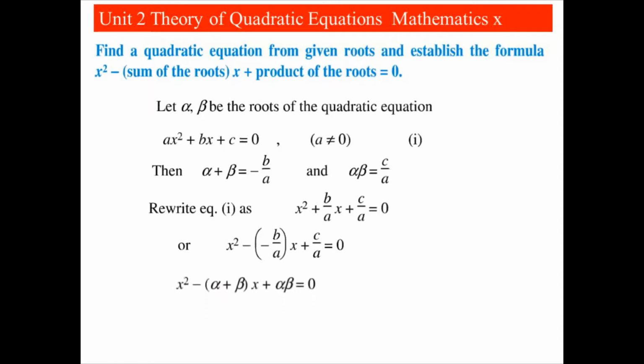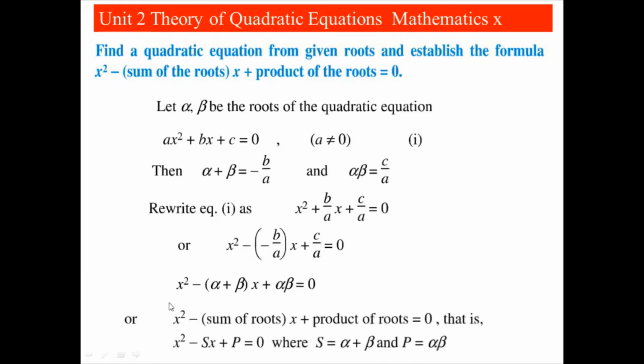Now we know that minus b by a is sum of the roots, that means alpha plus beta, and c by a is product of the roots, alpha beta. So we can write x square minus (sum of the roots) x plus product of the roots. That is, we can also write this as x square minus sx plus p is equal to 0, where s is the sum of the roots and p is the product of the roots.